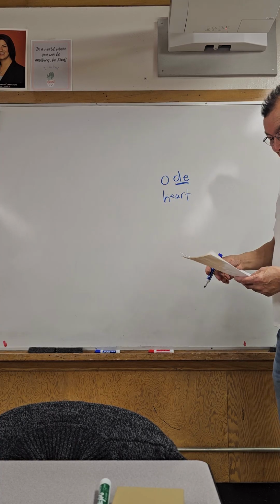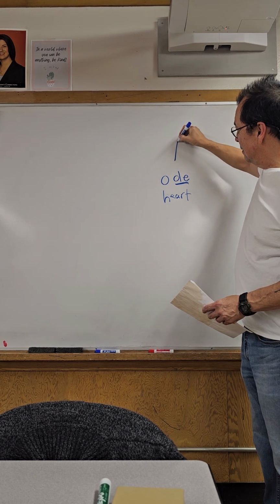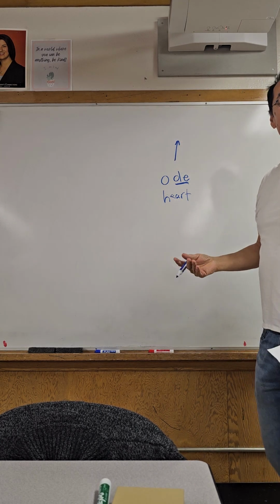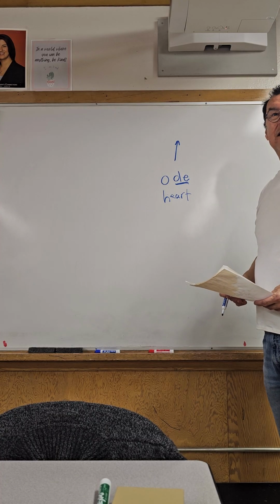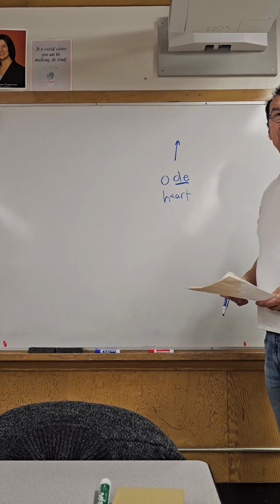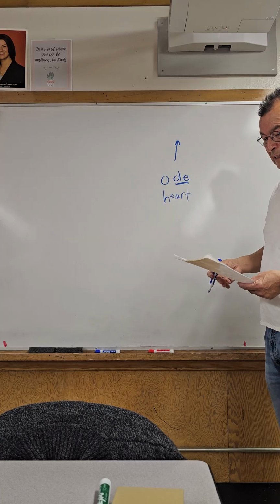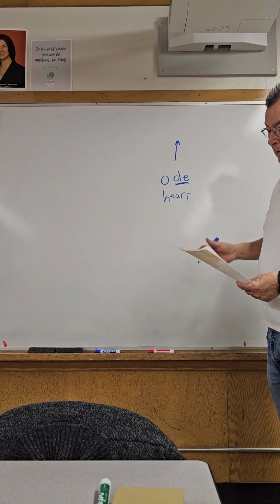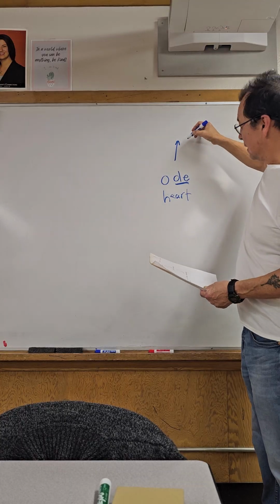All our body parts in my community start with an O. There's a lady in my community who wrote a children's book about body parts and called it the O book. So de is your heart.